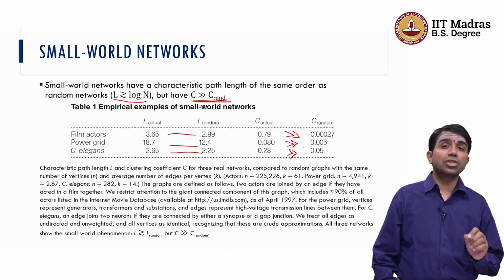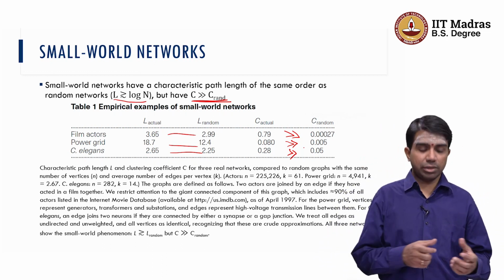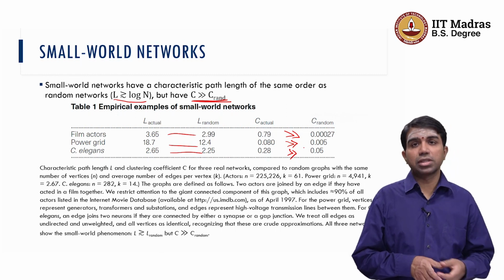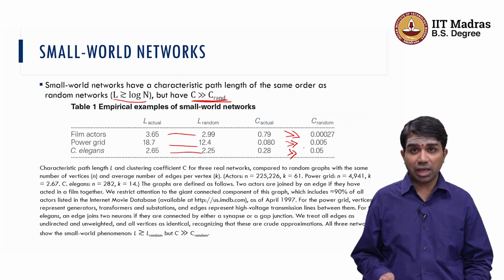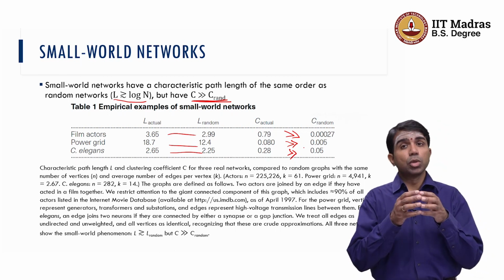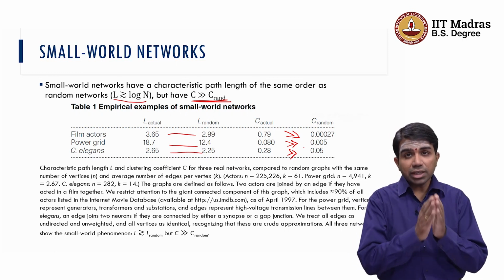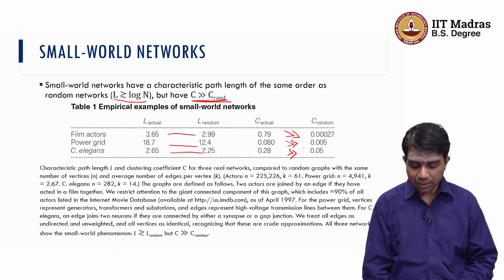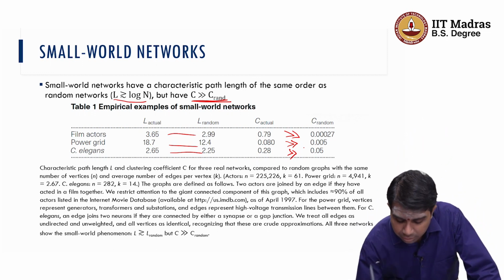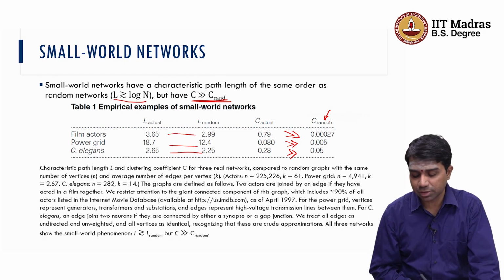Now, if you generate GNM networks with n nodes and the number of edges corresponding to the average degree, you can generate an ensemble of networks. You generate that ensemble and then make a comparison, and this is the rough value you get for the clustering coefficient in this ensemble.